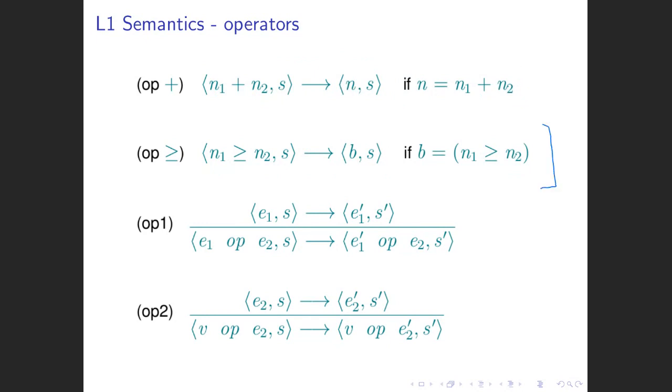This is saying that applying the operation to n1 and n2, and given that B provides the solution to that operation, then return B and all of the other state that was alongside it. Remember, B is a Boolean, yeah?